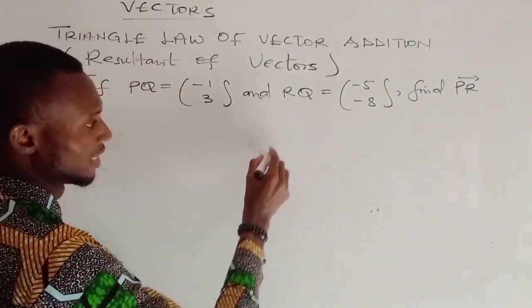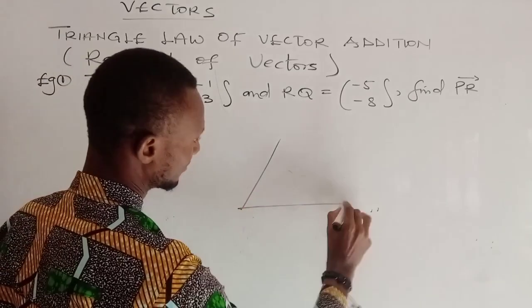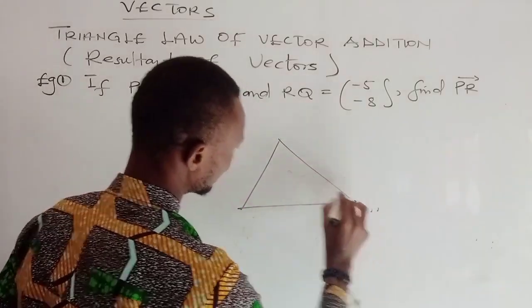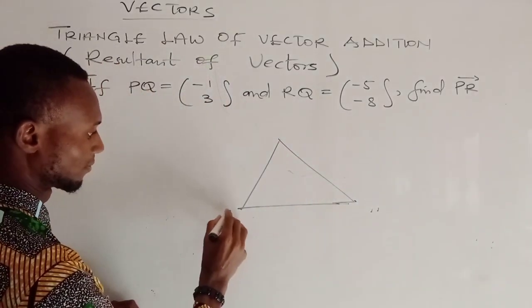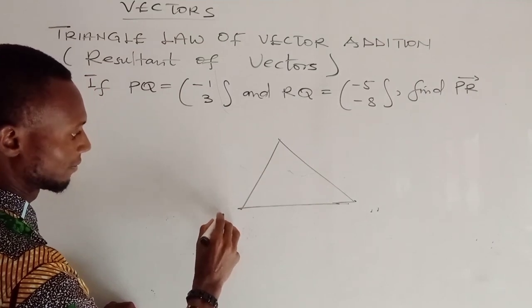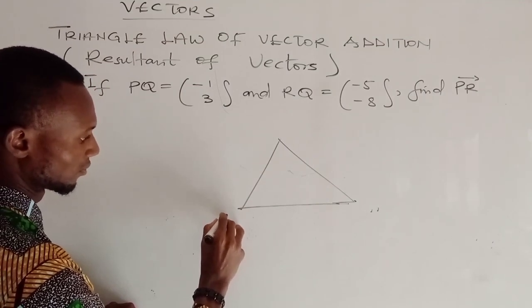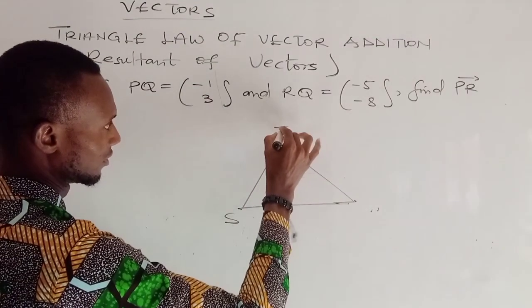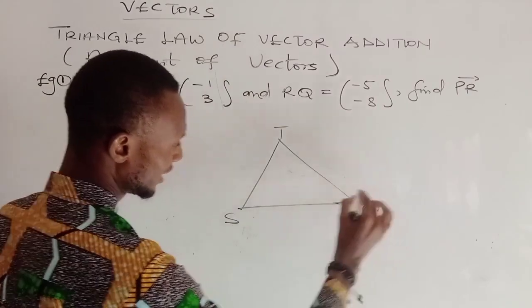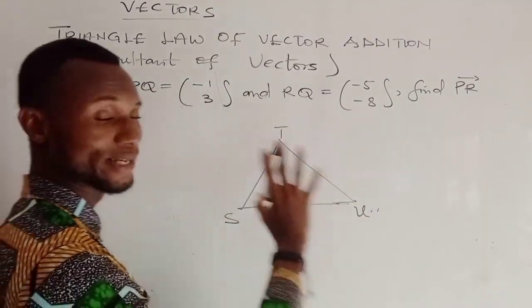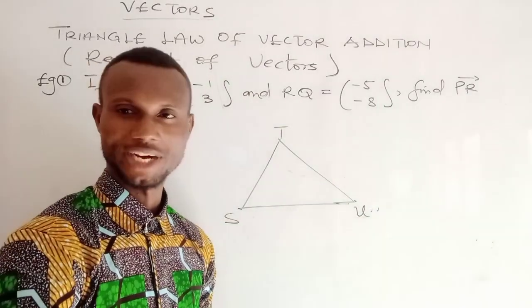Okay, so now let's say I have a triangle again. This is a triangle. Let's say I have S, T, and U. Okay, so I've labeled the vertices of the triangle.